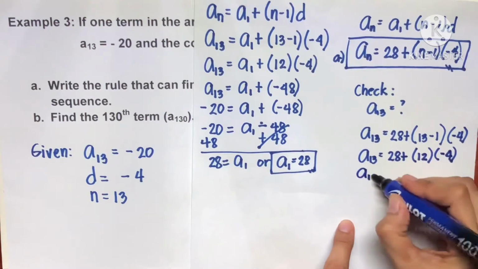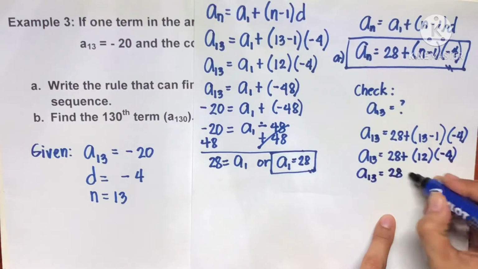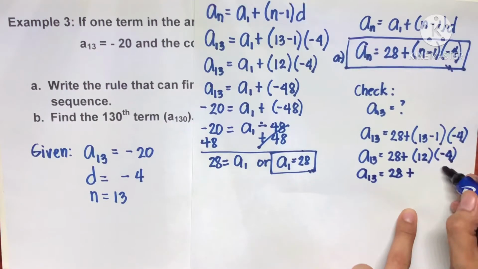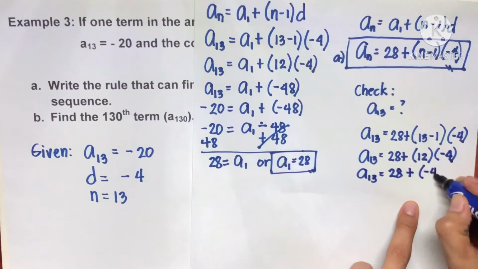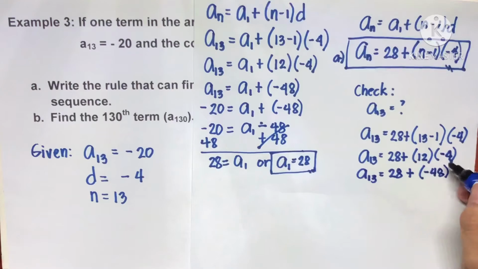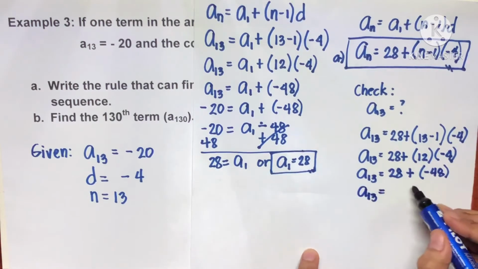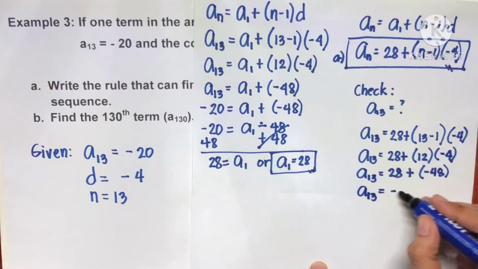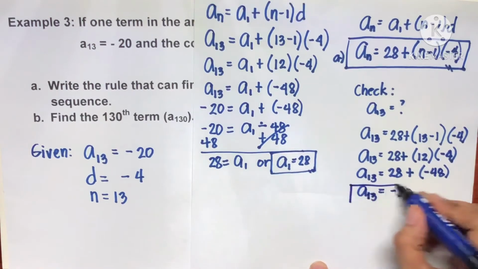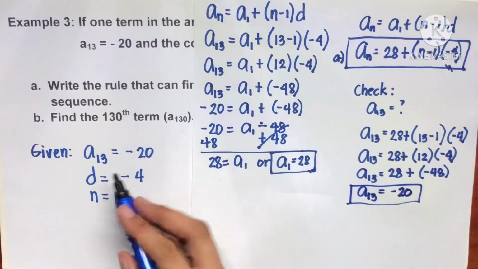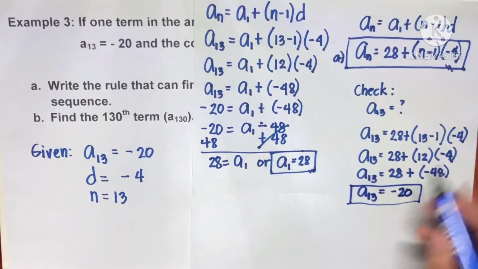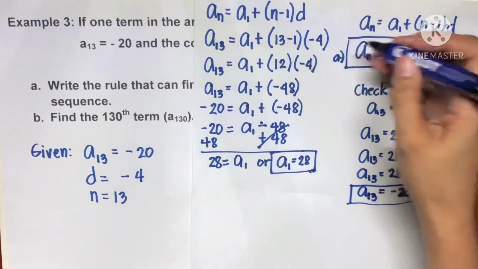So a sub 13 equals 28 plus 12 times negative 4 is negative 48. If you want to refresh your knowledge in multiplying integers, you can visit our previous video on multiplying integers. So 28 plus negative 48 is negative 20. Correct. So therefore, it's correct that our a sub 13 is indeed negative 20. So we are sure that this formula is also correct.